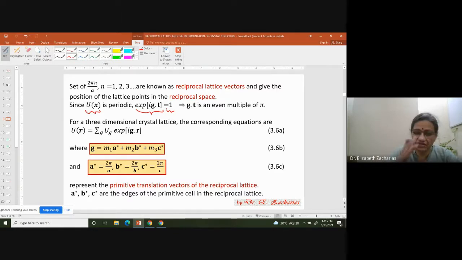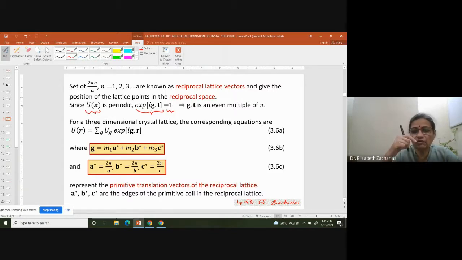Yes, the function will repeat itself for different values of n equal to 1, 2, 3. That means for every jump, exponential i G dot T should be equal to 1, where T is m times A, some multiple of A. And again, notice that G dot T will have no unit.